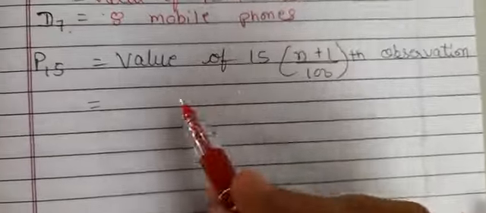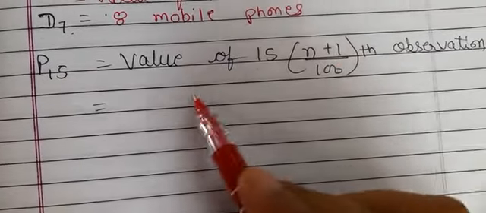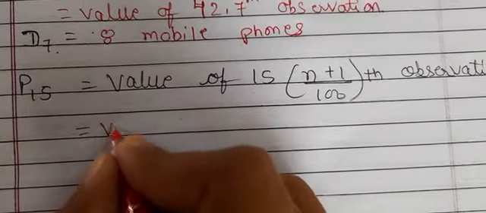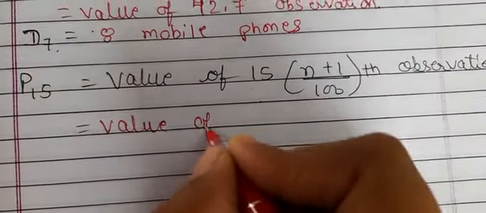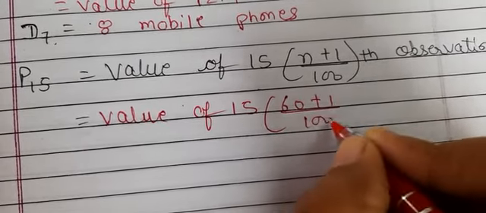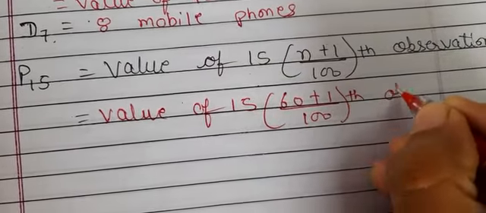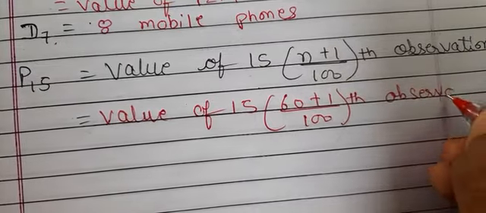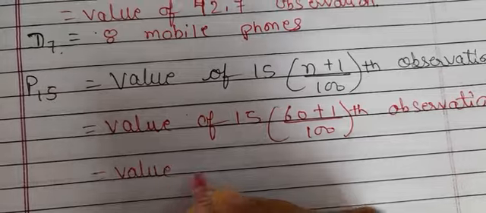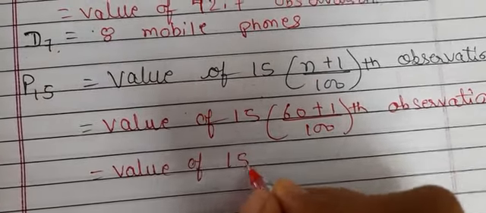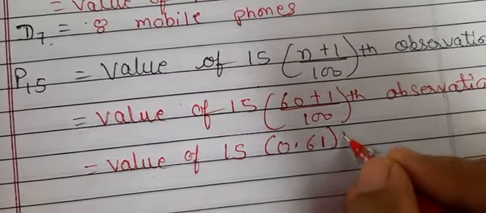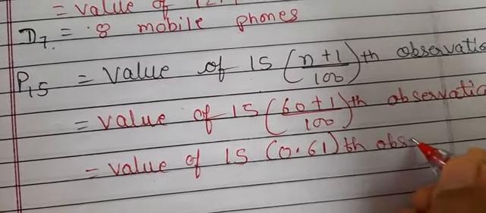Now P15. P15 is equal to the value of the 15(n plus 1)/100th observation. Now what will I write? The value of 15 and n is 60, so 60 plus 1 upon 100th observation. Now 60 plus 1 is 61 divided by 100, so that is equal to 15 multiplied by 0.61 observation.